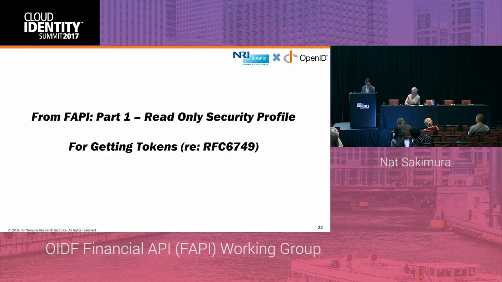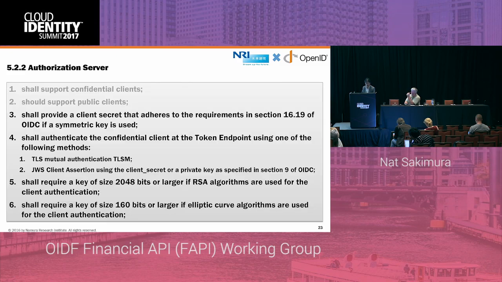For example, for getting tokens, corresponding to RFC 6749, we have it something like this. Do you have a microphone? Yeah, this would be better. So the authorization server shall support confidential clients, and should support public clients. That's nothing, so I've just laid it out.